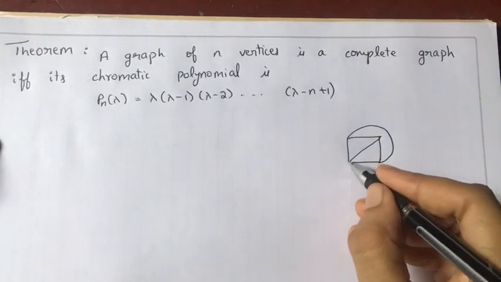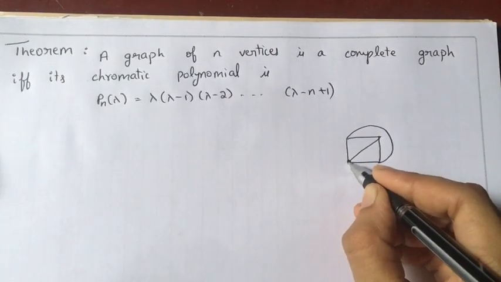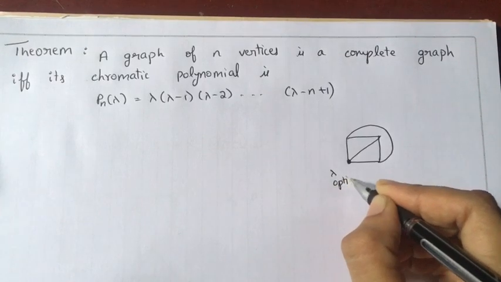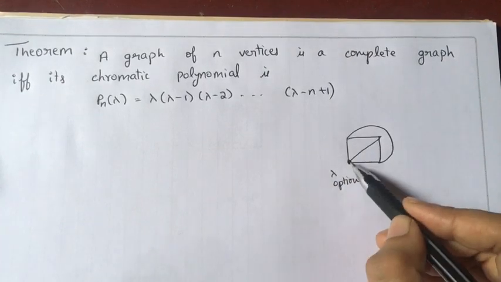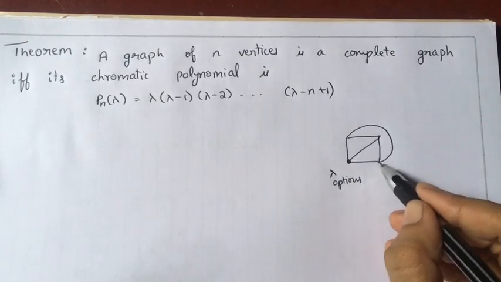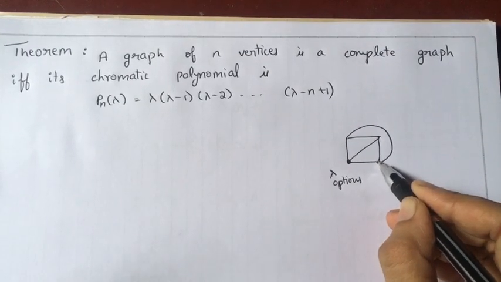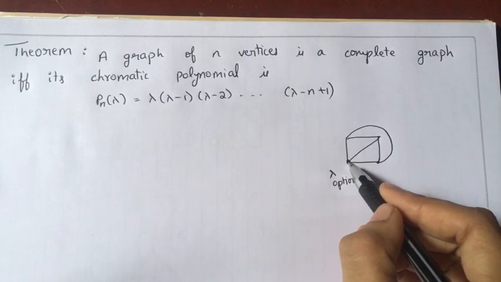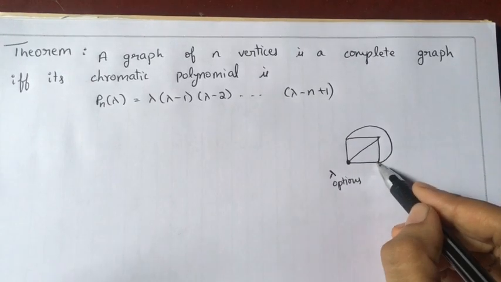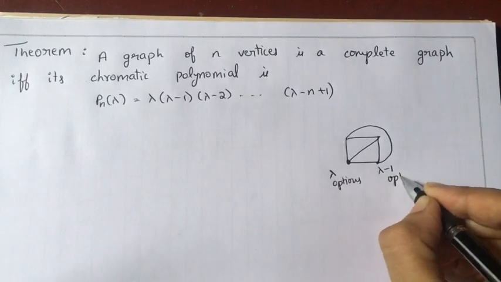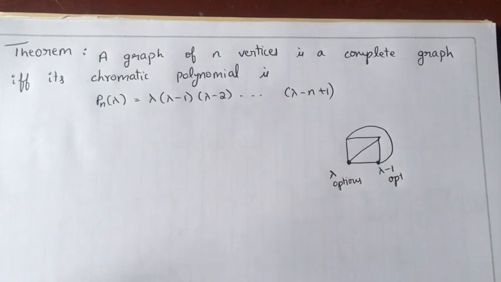For coloring this vertex, I have got lambda options, since I have lambda colors. But when I come to the second vertex, I cannot give the same color which I have given over here. So one option is less, therefore I have got lambda minus 1 options for coloring this vertex.